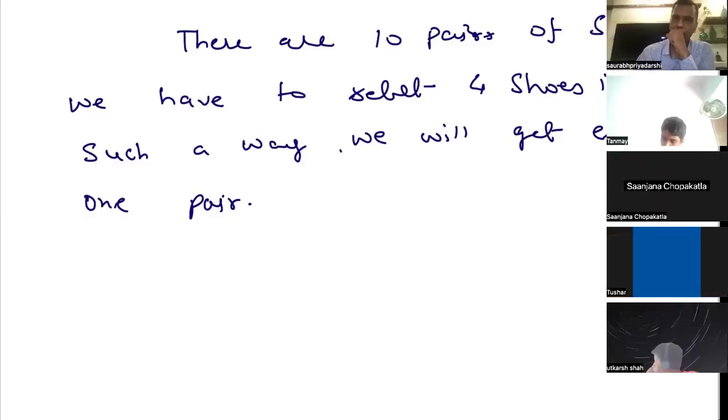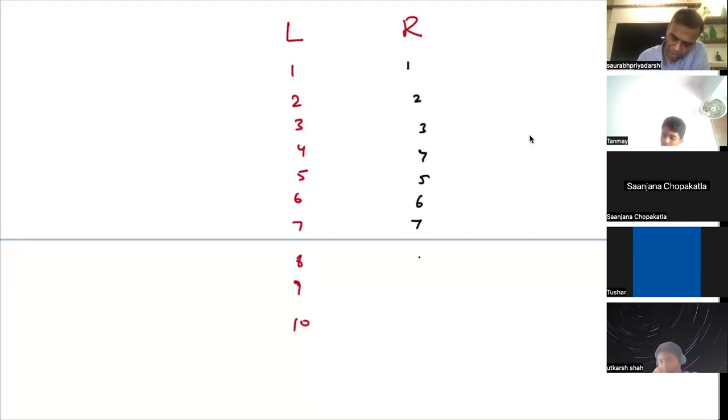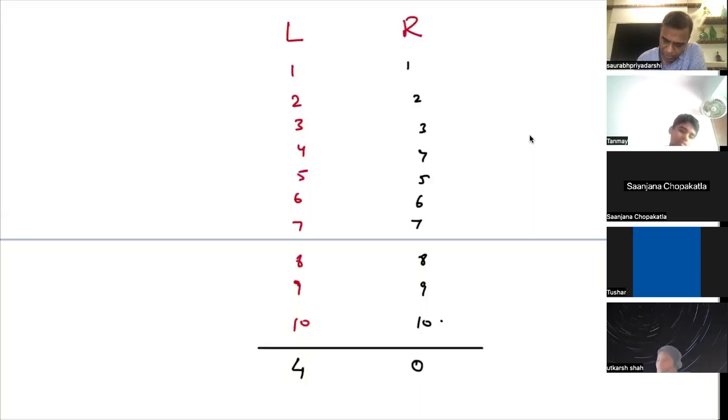See, let's start. See this carefully. What we have, right? Left and right. Left is 1, 2, 3, 4, 5, 6, 7, 8, 9, 10. Right, we have 1, 2, 3, 4, 5, 6, 7, 8, 9, 10. What I'm saying, the first case, all the four are from here and zero from this.